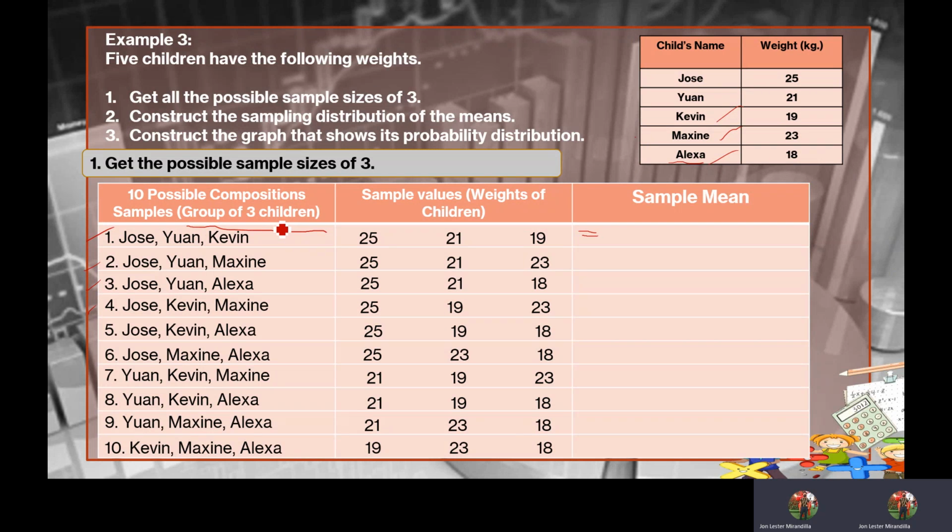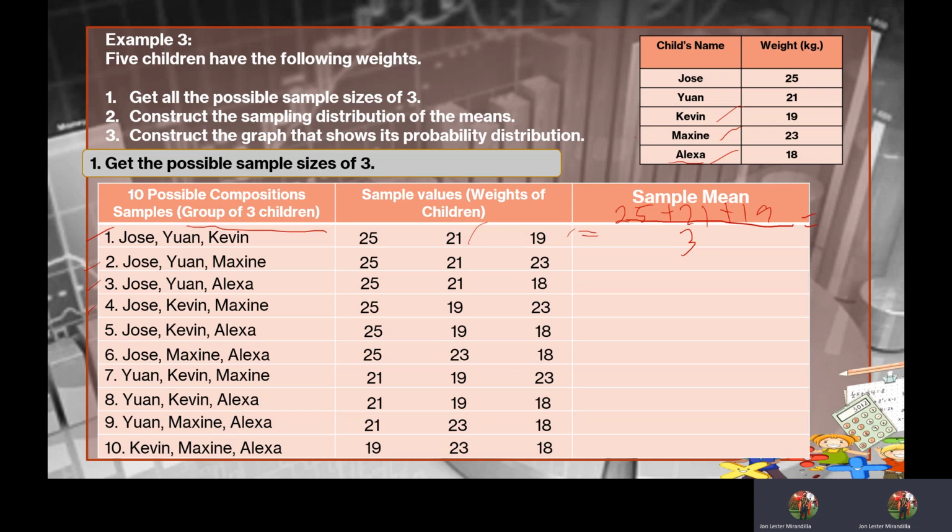So 25 plus 21 plus 19, tapos saan natin siya i-divide? Ilan bang total values meron tayo sa ating row 2? We have 3. Therefore, 25 plus 21 plus 19 divided by 3. Paki-compute sa inyong calculator.